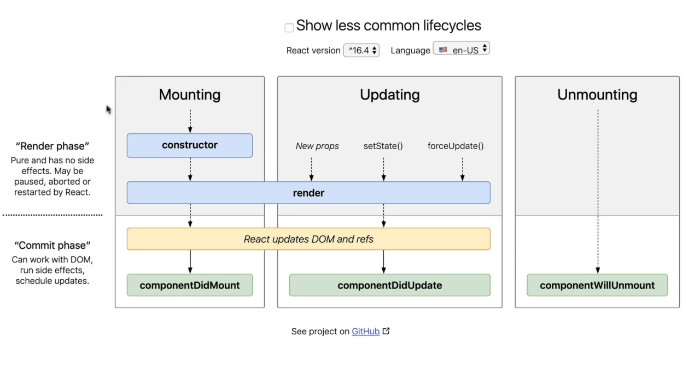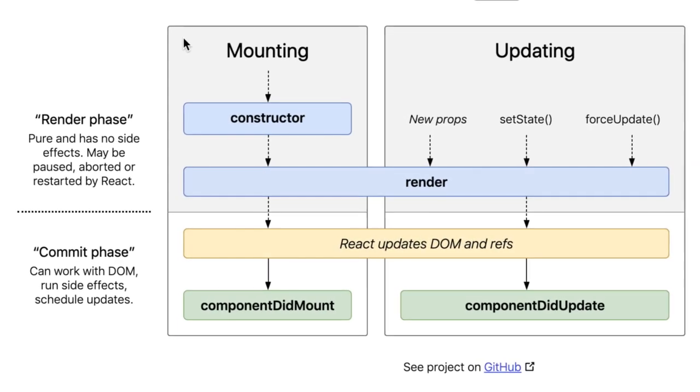So the first phase we're going to look at is the mounting phase. The mounting phase is the phase when the component is being put on the DOM for the first time. So when it's in the mounting phase, it starts before our component is actually on our DOM, right? Before it's on our page.